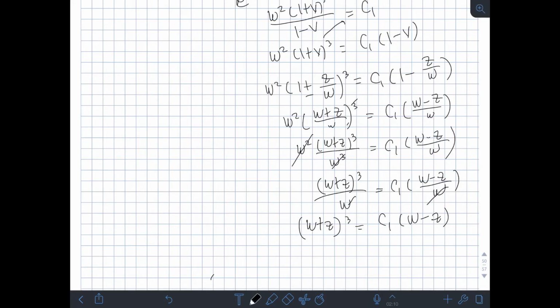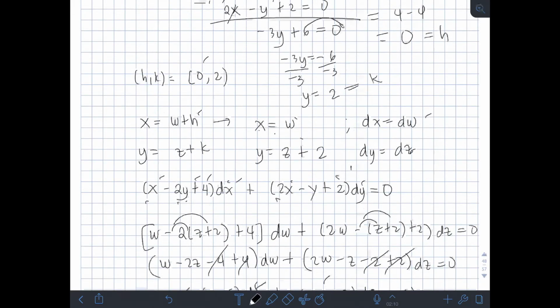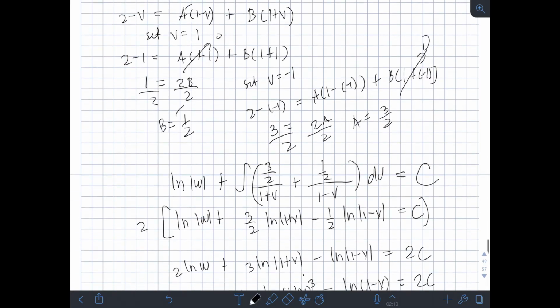So, ngayon, balik natin sa X at Y. Diba si W tsaka si Z, meron tayong representation yan. So, X is equal to W and Y is equal to Z plus 2. So, therefore, dito, yung W papalitan natin ng X. Tapos Z papalitan natin ng Y minus 2. Kasi, pag transpose natin 2, magiging Y minus 2 equals Z. So, sige, try natin.